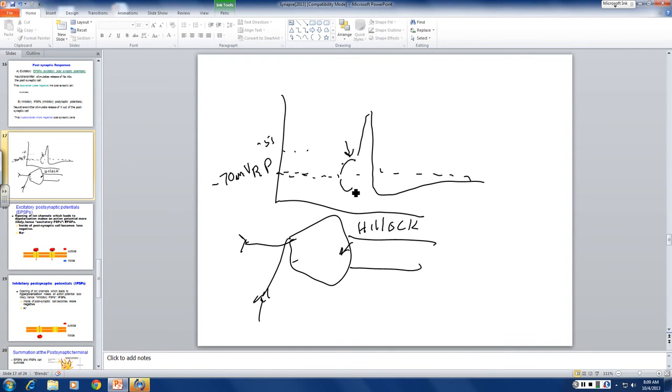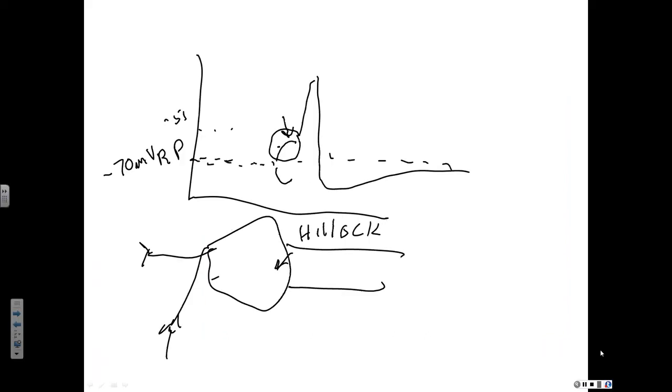Wouldn't that drive the voltage to be more negative? It would make it more negative, right? And so that would be called, as I'm going to show you, an inhibitory one. Okay, so that's where this came in. Because if you don't get these signals, you stay at the resting potential. You don't move from there.